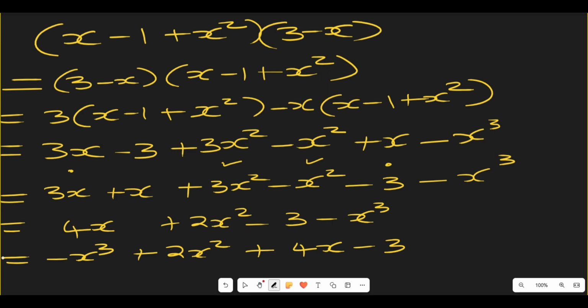So now it's like this. This is the answer, and now it looks better because x cubed, x squared, 4x, and 3. But this is also the correct answer. This also is a correct answer, but just for neatness sake, we can present it like this. Perhaps it looks better than it was before.